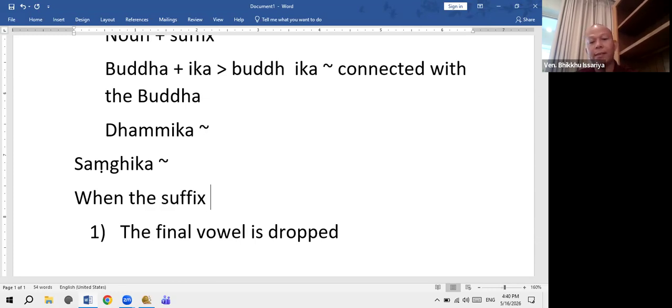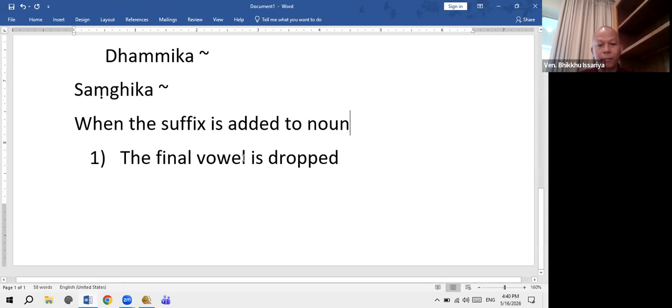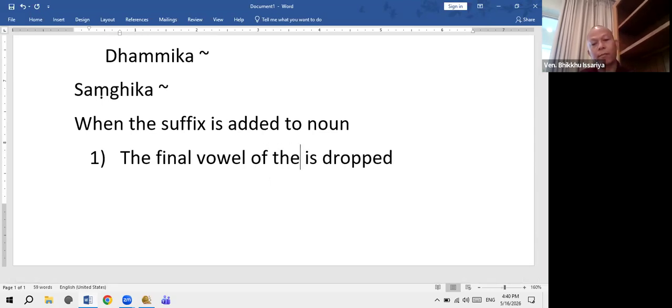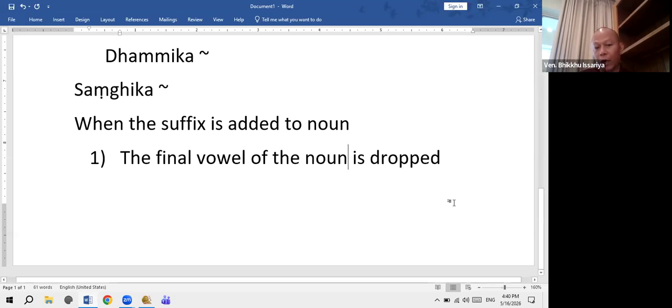When the suffix is added to the noun form, the final vowel of that noun is dropped. Buddha and Ika, Bodhika; Sangha and Ika, Sangika; Dhamma and Ika, Dhammika. That is the general rule.